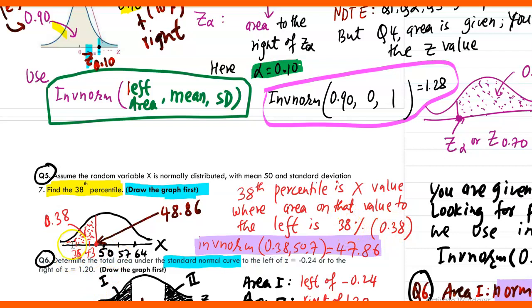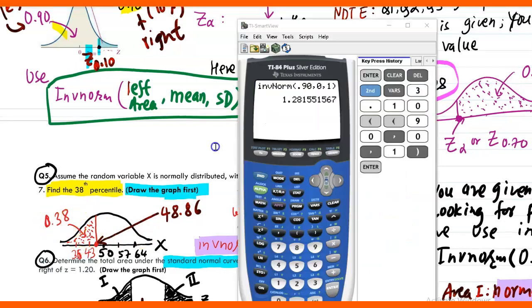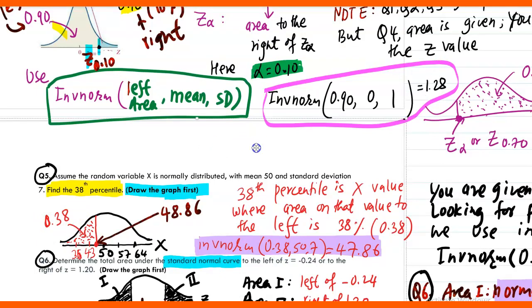Therefore, if you look at the graph here, where the mean is 50 in the middle, I make a shadow here, the red dotted area. This area is 38% of the whole area, so this area is 0.38. Therefore, I'm using 0.38 as a left area to find this point here.